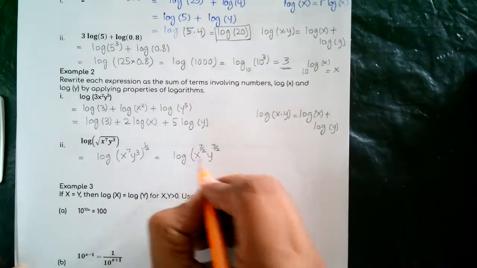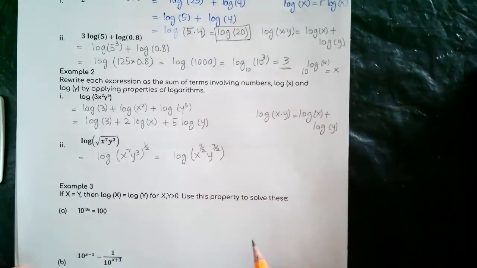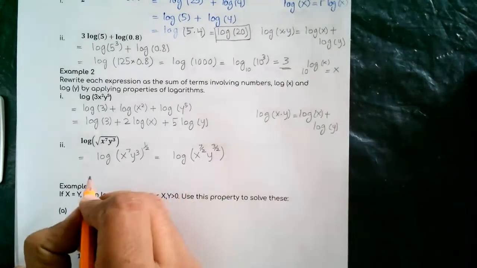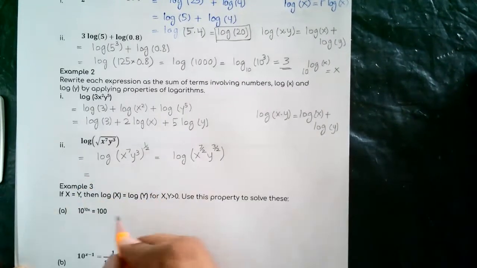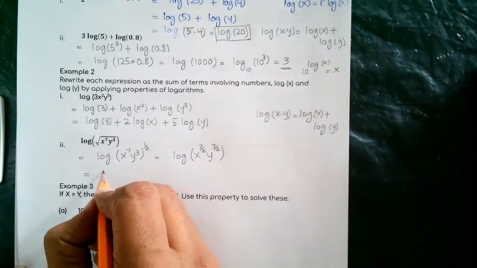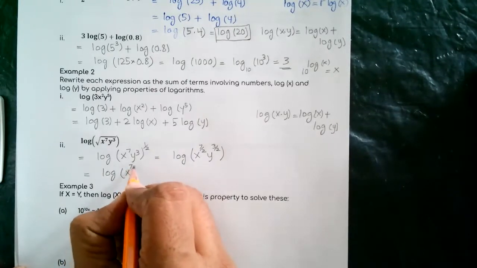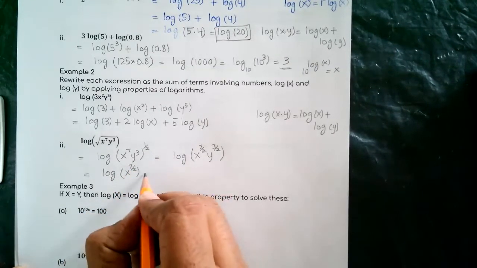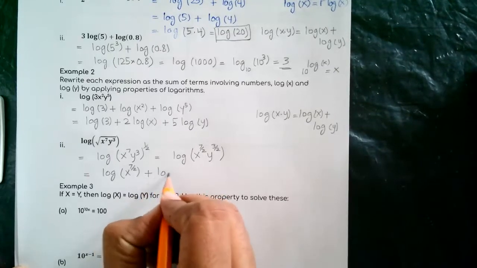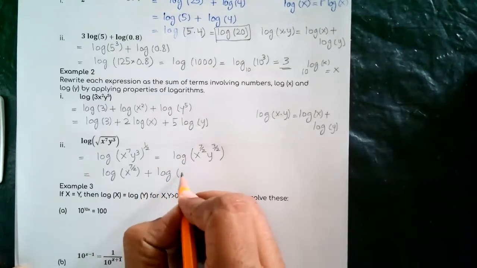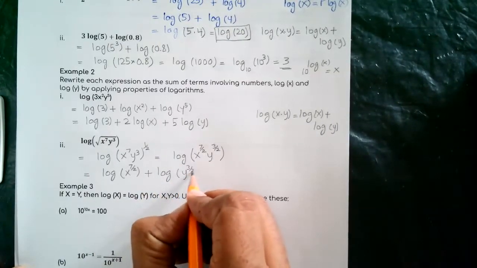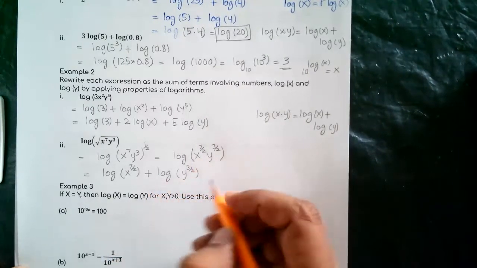So you can see that the powers basically multiply in this particular case, and you have the same base but you have two powers on top. Now in the first case we write this as log of x power 7 over 2, and then we write plus log of y power 3 over 2. So xy we separated.